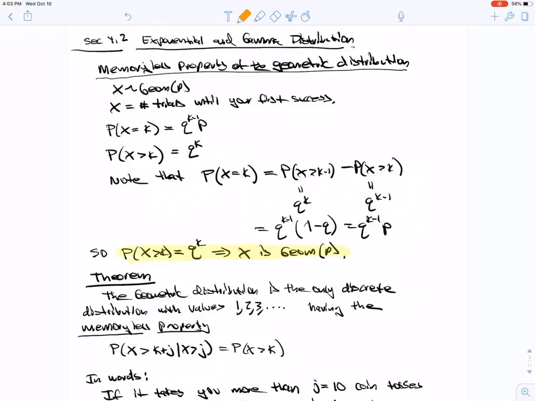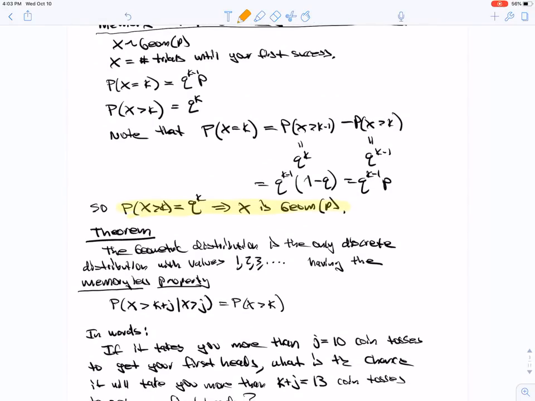The reason for this is that if you know the probability of X greater than k, you can write the probability that X is equal to k as the probability of X greater than k minus 1, minus the probability of X greater than k. So either the geometric formula or the probability that X is greater than k characterizes the geometric distribution.